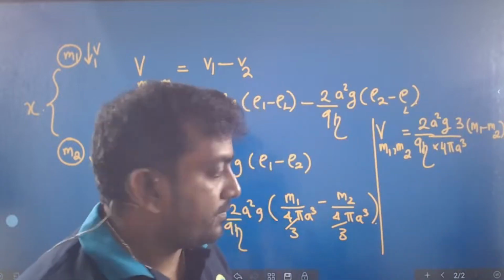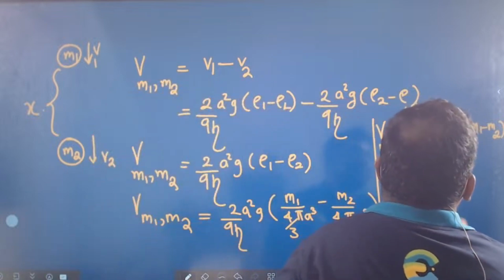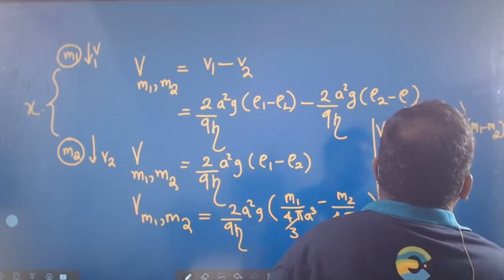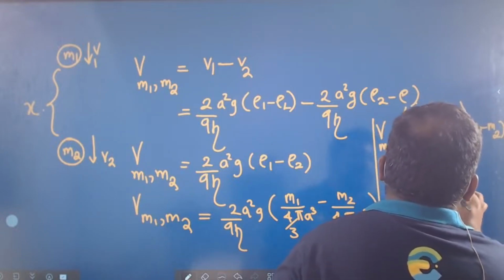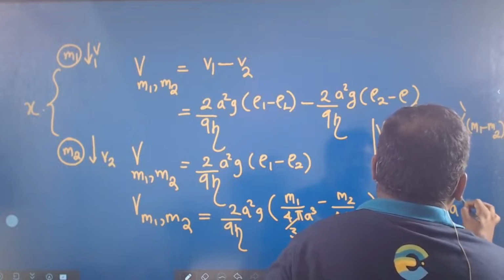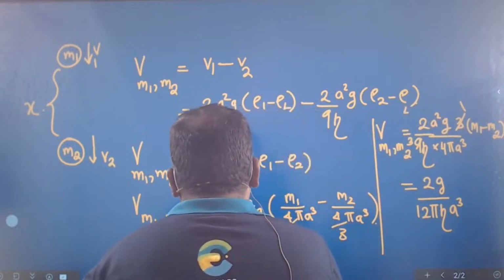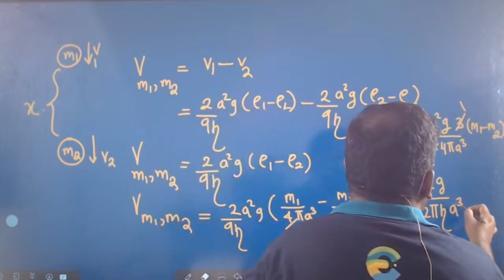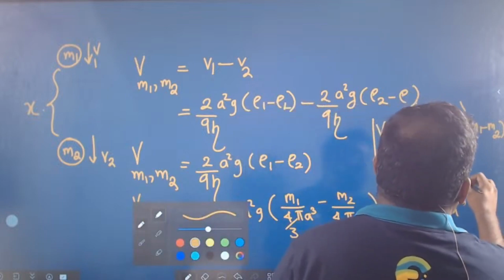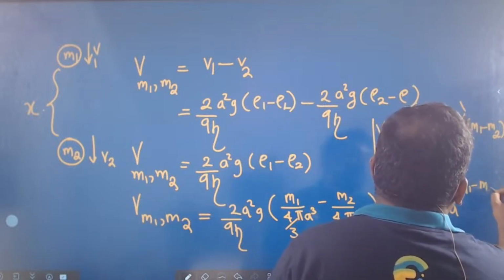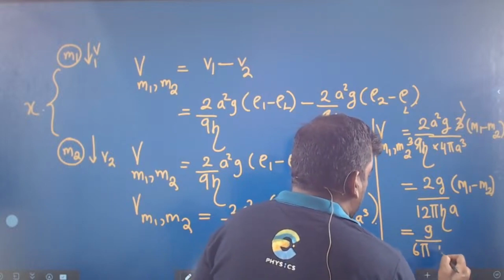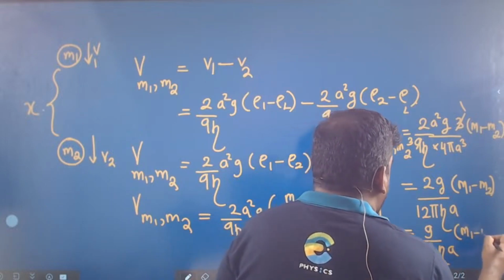Simplifying, 2 times 3 over 9 times 4 pi gives 12 pi, actually it's 6. So g over 6 pi eta a, M1 minus M2.